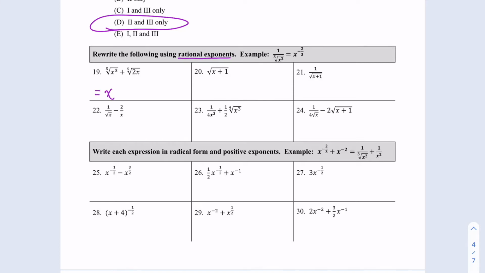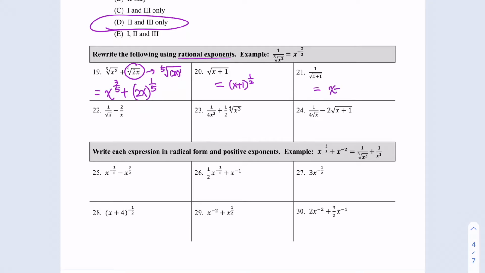This equals x to the 3/5 plus 2x to the power of 1/5. This part is the same thing as 2x to the first, then take the fifth root. x plus 1 to the 1/2. If we have a square root, we don't have to write down 2 there.